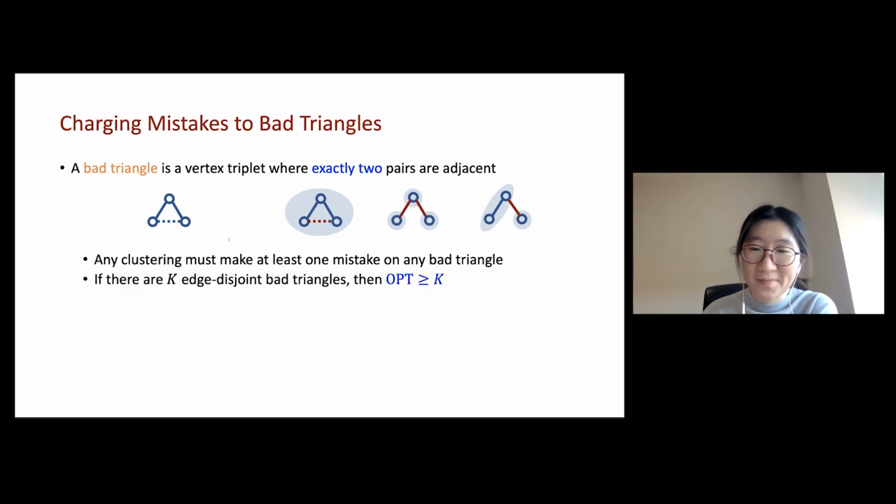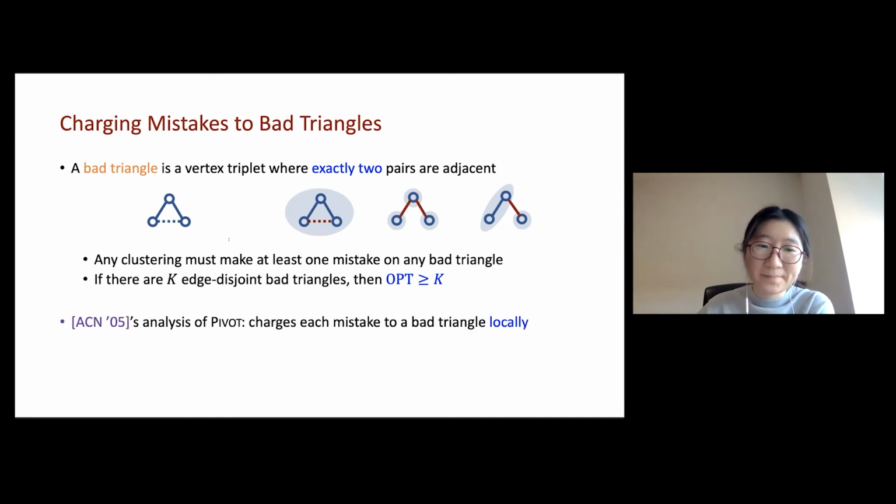So one thing is that if there exist k edge-disjoint bad triangles in the graph, then this gives a lower bound of k on opt. And in the original analysis of the pivot algorithm, it charges each mistake to a bad triangle locally.